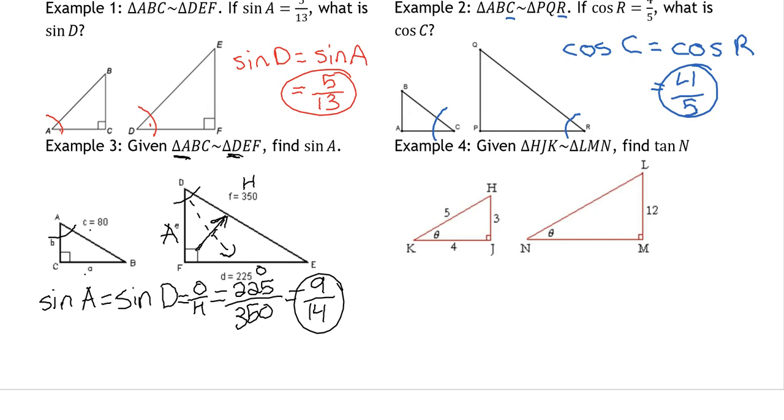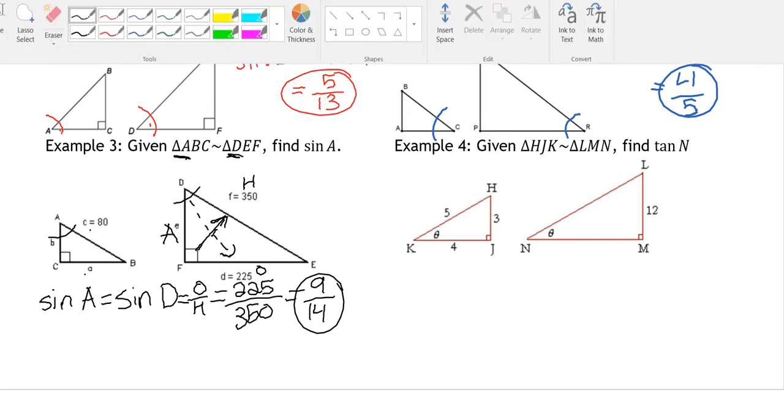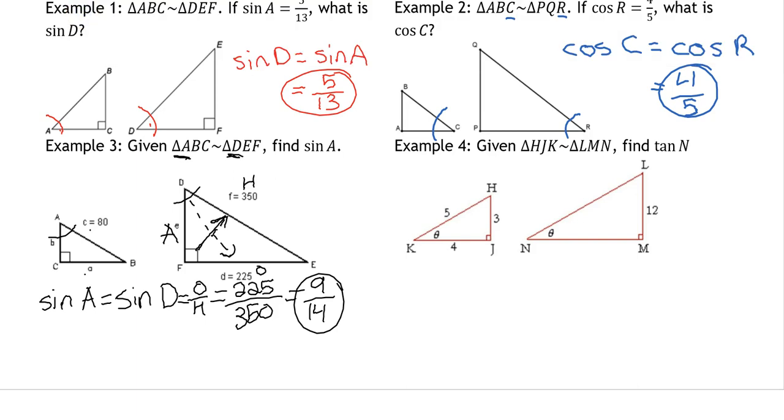Our last example for this one. Given triangle HJK is similar to triangle LMN, find the tangent of angle N. So same thing. Since I'm given the similar triangles, the tangent of N, which is here, has to equal the tangent of K. So I'm going to find the tangent of K. Here's my right angle, so I have my hypotenuse side, my opposite, my adjacent.